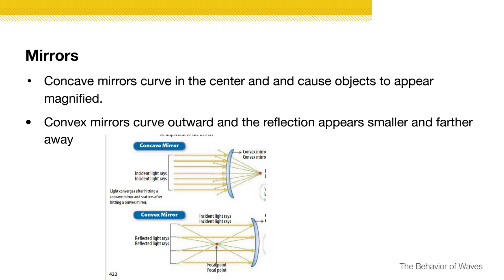That's the main thing that you need to know. You don't need to know a whole lot about how it affects the focal point, but if you can explain how concave and convex mirrors affect a reflected image, and if you were given a diagram, could you label one convex and one concave, then you're good.